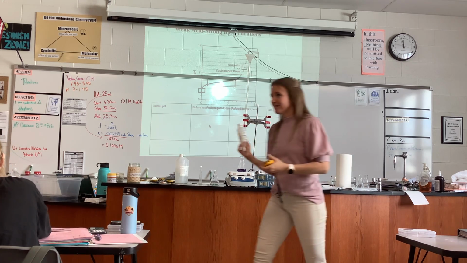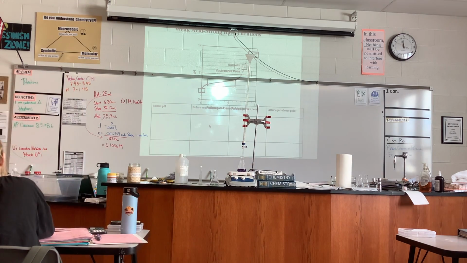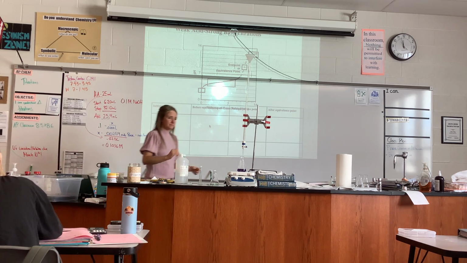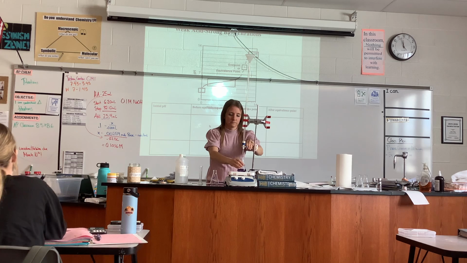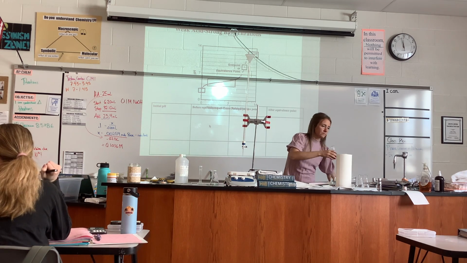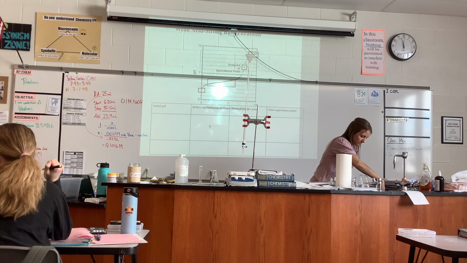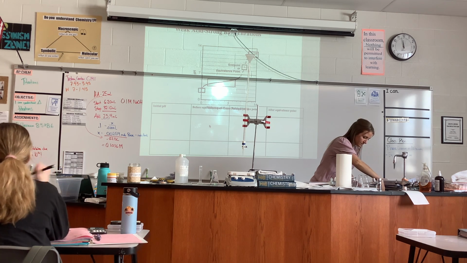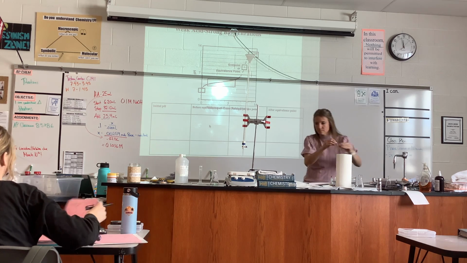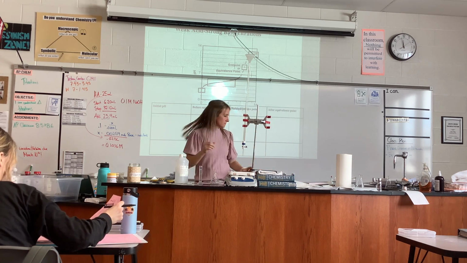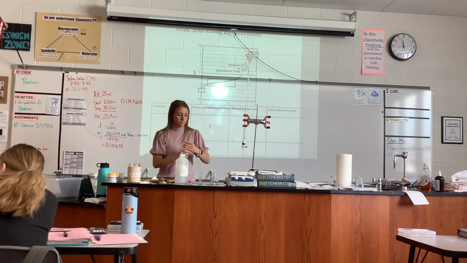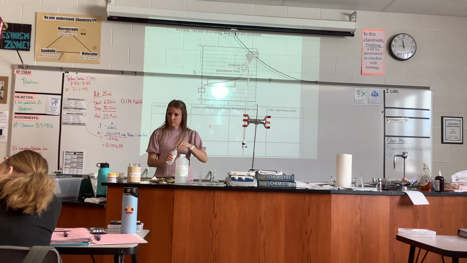Wait, so it's a weak acid. I mean, I don't know how it would be, probably H, and then you have A. Well, it's because it's hard to dissociate, so you'd still have some that's still intact, because it's a weak acid.